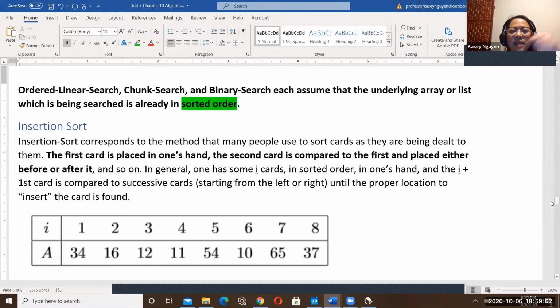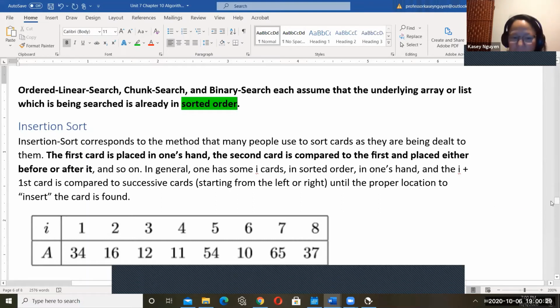As they pick up the next card, they insert it in between. The first card is placed in the hand, and the second card is compared to the first and placed either before or after it. So it's comparing at a certain point. That way we can start organizing the values in ascending or descending order, depending on the objective.